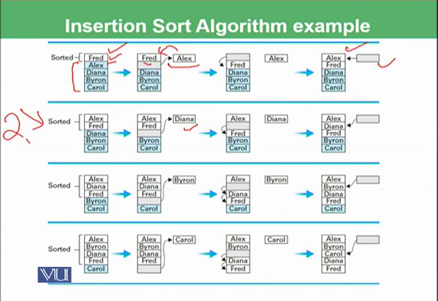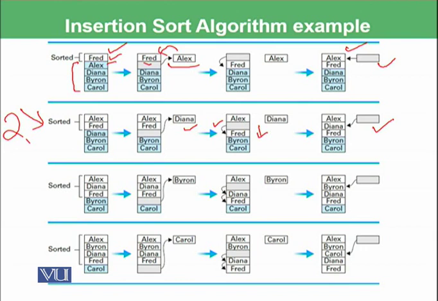The D in Diana will be compared with the A in Alex, and it will find that D has a greater ASCII code than A. So this means Diana is greater than Alex. So it will say, okay, Fred, you should move downward. So it moved Fred over here, and there is only one location where Diana can be placed.